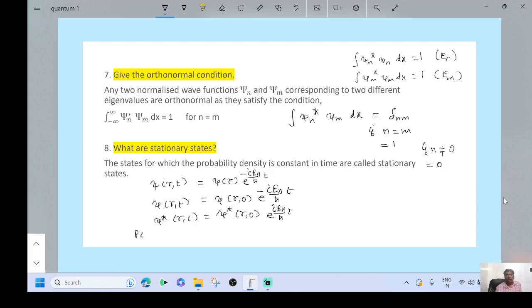Then P of r comma t is equal to psi star of r comma t into psi of r comma t, which is equal to the absolute square of psi of r comma 0, because e power minus i E n by h cross into t times e power plus i E n by h cross into t equals e power 0. Anything to the power 0 is 1. So psi star psi, that is the absolute square of psi of r comma 0. This is a constant.